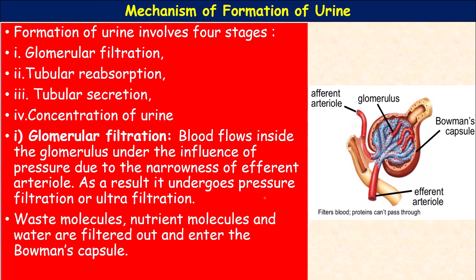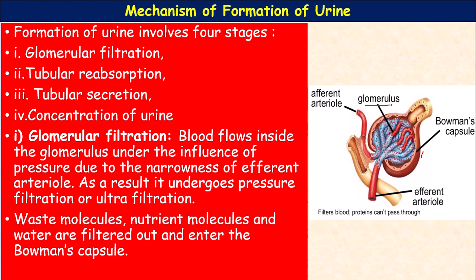The waste molecules, nutrient molecules and water are filtered out and enter the Bowman's capsule. So this is the Bowman's capsule. Actually what happens here, the glomerulus is a tuft of capillaries formed by the efferent arteriole. Tuft of capillaries found in the Bowman's capsule. The tuft of capillaries forms the glomerulus.